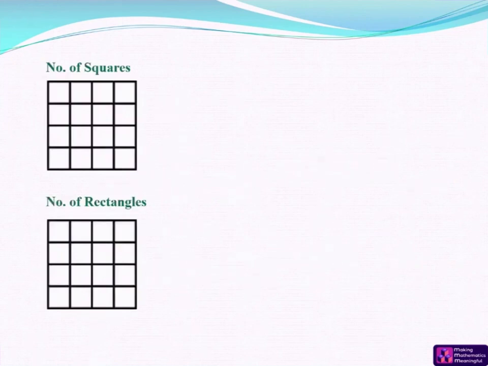Coming back to this 4 cross 4 arrangement. Can you tell me how many squares and rectangles are in this?